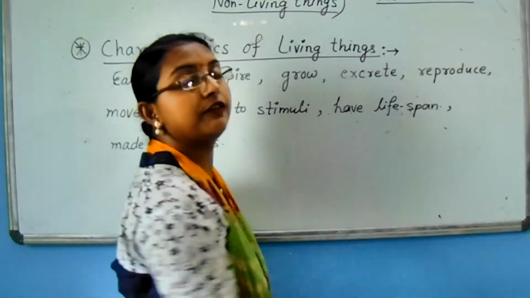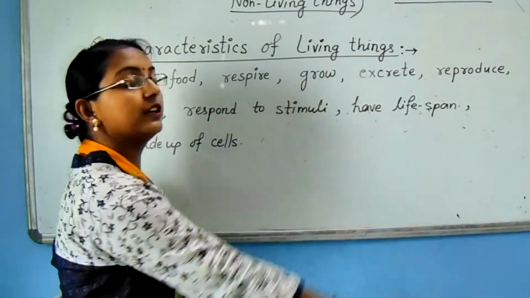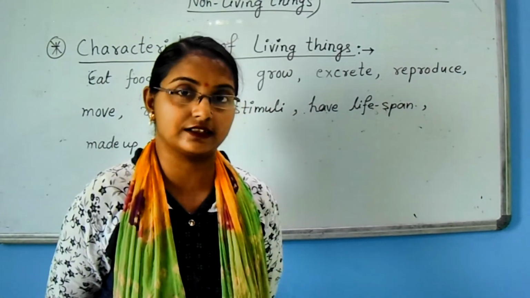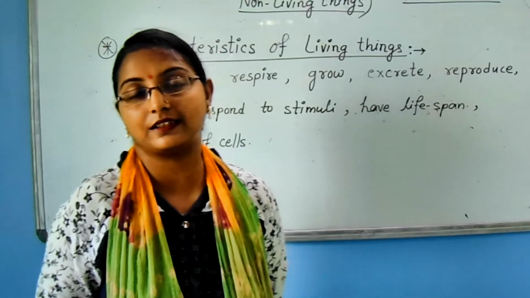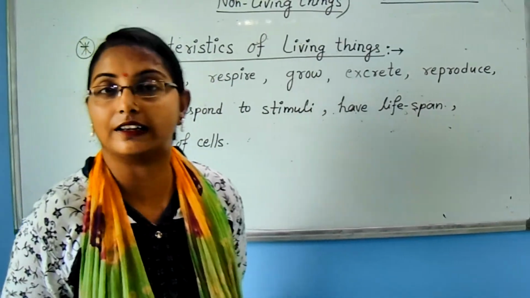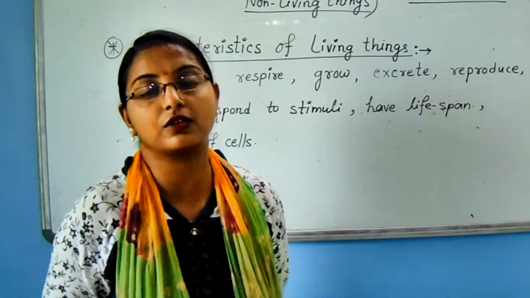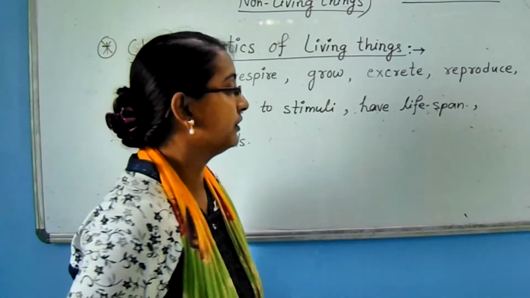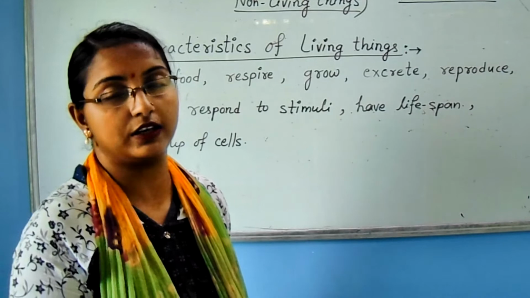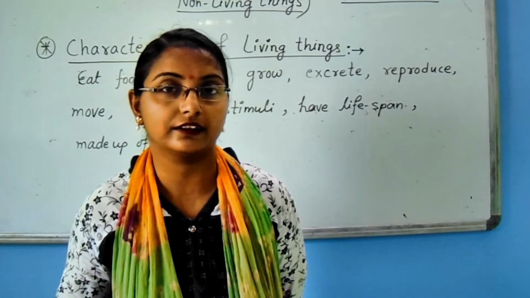Now, having a lifespan. All living things have a definite lifespan, but in plants there is growth throughout their lives. But humans, animals and insects have a definite lifespan. That means they are born, they grow, and after that they die.